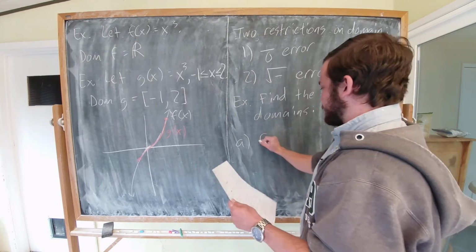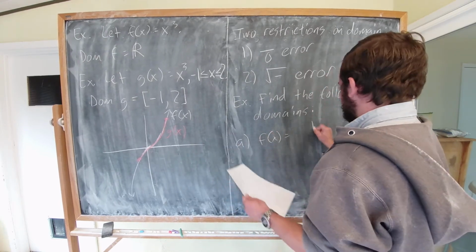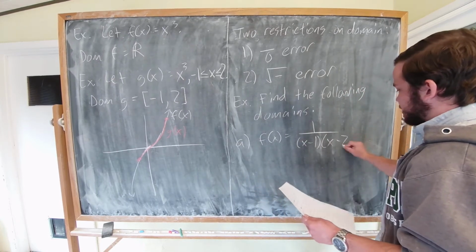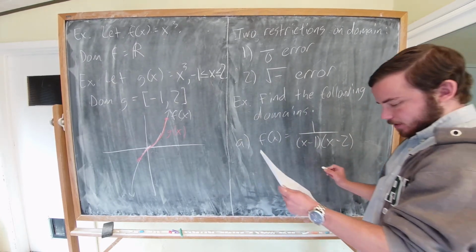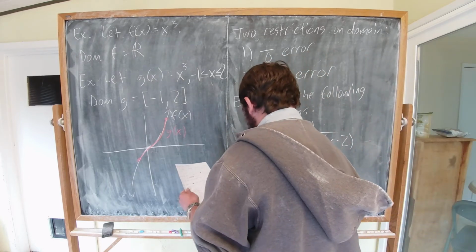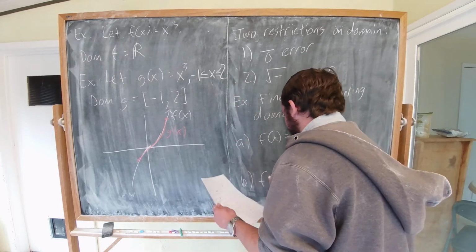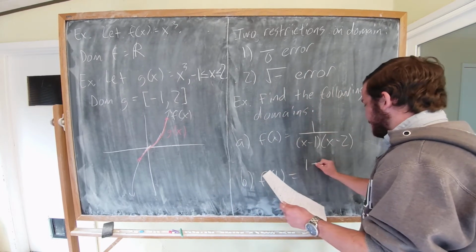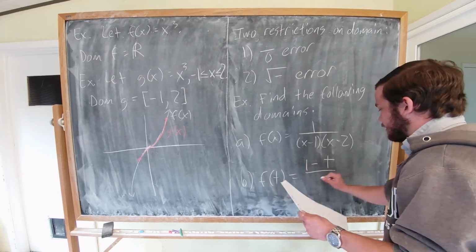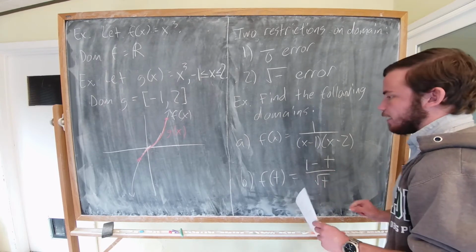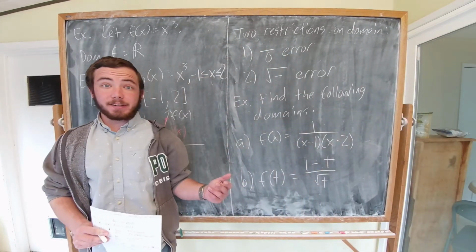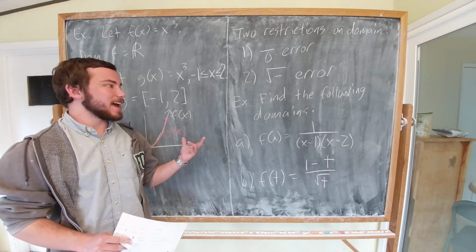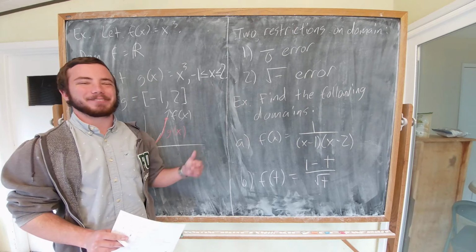First, let's do f of x equal to 1 divided by x minus 1 times x minus 2. And let's do f of t equal to 1 minus t divided by the square root of t. So you should pause the video here, take a couple minutes, try these on your own, and then unpause and we'll be able to go through them together.